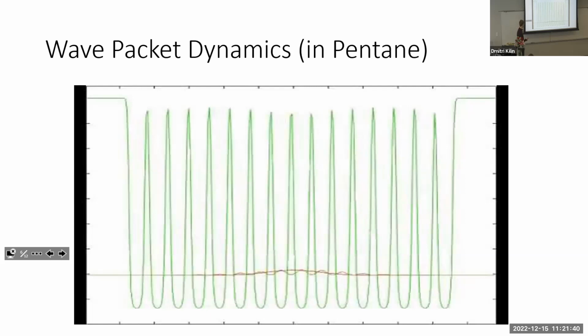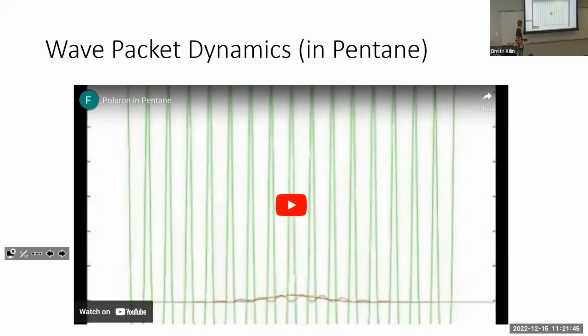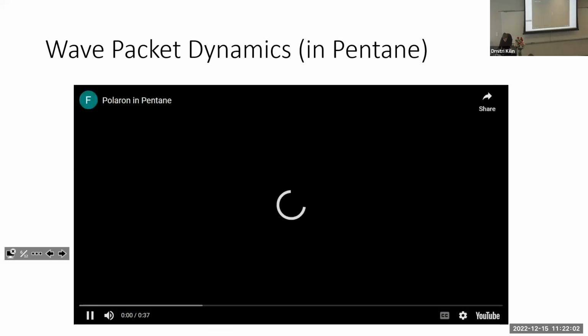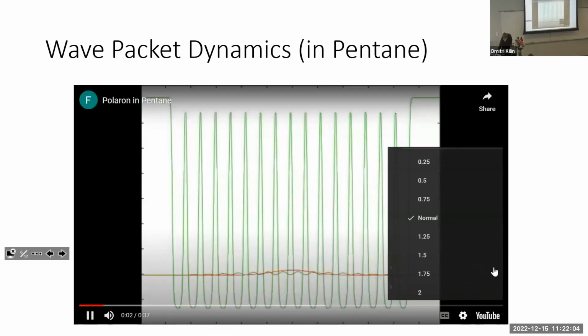So here is a movie of the initial wave packet of the injected electron. The red line represents the theoretical overall shape of that initial wave packet. And then once it's injected, I'm going to speed it up because it's pretty slow.